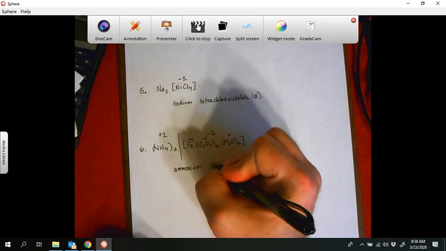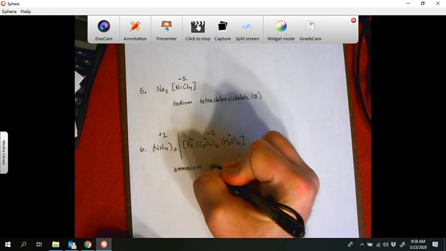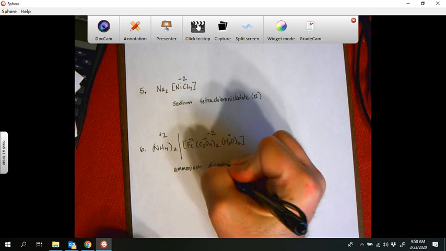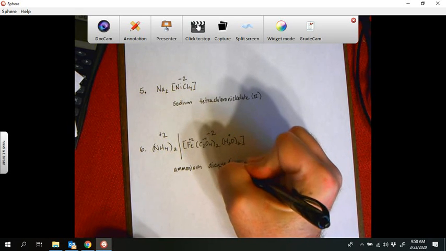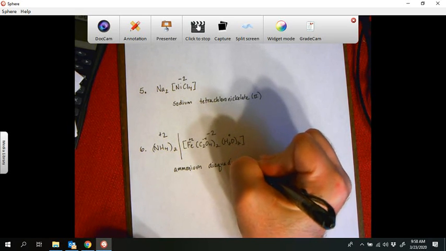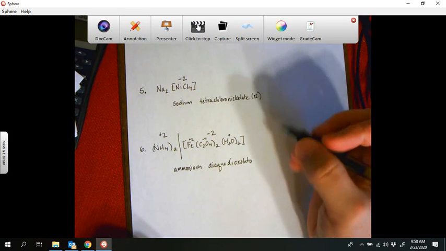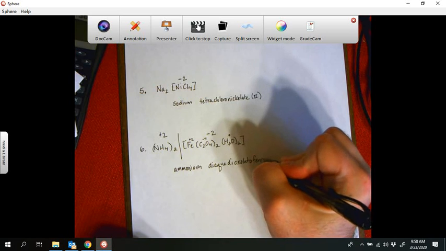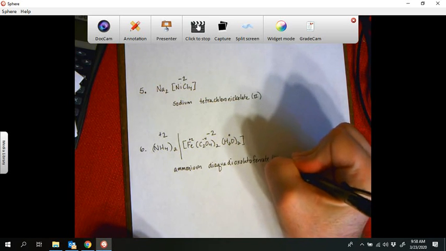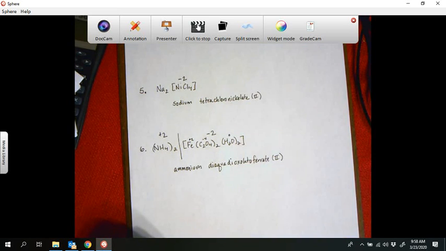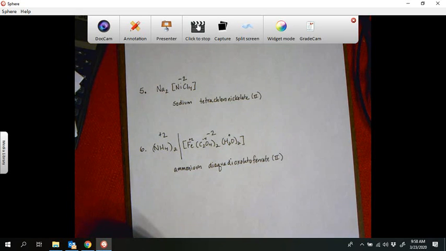So aqua will come first. We have two of them, so diaqua, dioxalato for the oxalate. And then we use iron's -ate name, which is ferrate. And we put a 2 as a Roman numeral afterwards. So ammonium diaquadioxalatoferrate(II) is its name.